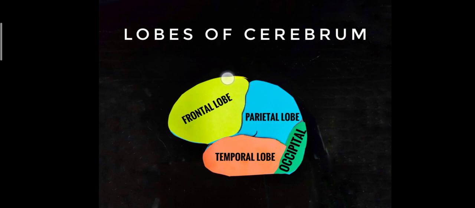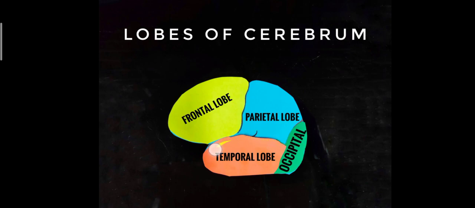So let's have a revision over the same. So here you can see the frontal lobe, which is demarcated by a major sulcus, the central sulcus. Then you have the parietal lobe, which is demarcated between the central sulcus and the parieto-occipital sulcus.